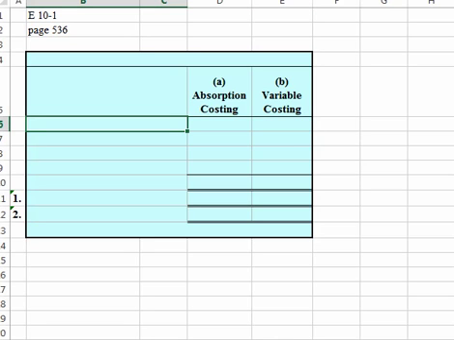Let's read through it first. They say Verst Products Company uses a process cost system and applies the actual factory overhead to work in process at the end of the month. The following data came from the records for March. Okay, they had direct materials of $200,000.